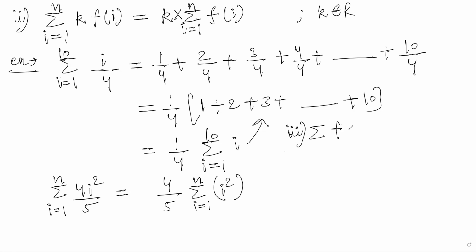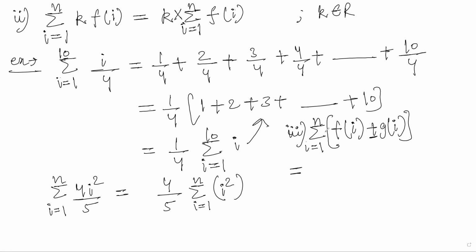Now, the second thing. So let's say, third property. Let's say there are two functions, f of i and g of i. There are two expressions which contain i, or more than two, however many expressions. And either we are adding or subtracting these expressions, right?